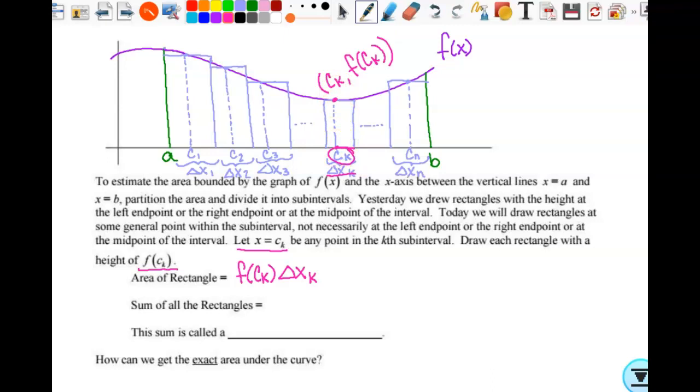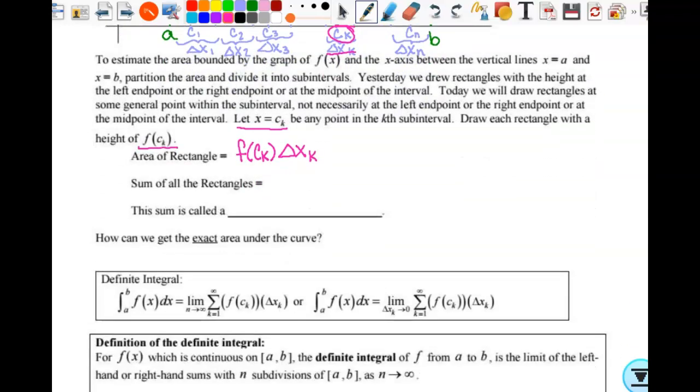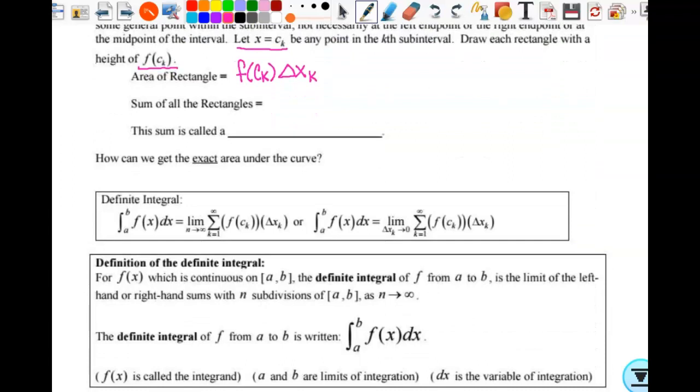If we want all of the rectangles, we're going to have to add them all up. Do you remember the symbol for summing something up? Yes, sigma, good. So it's the sigma.